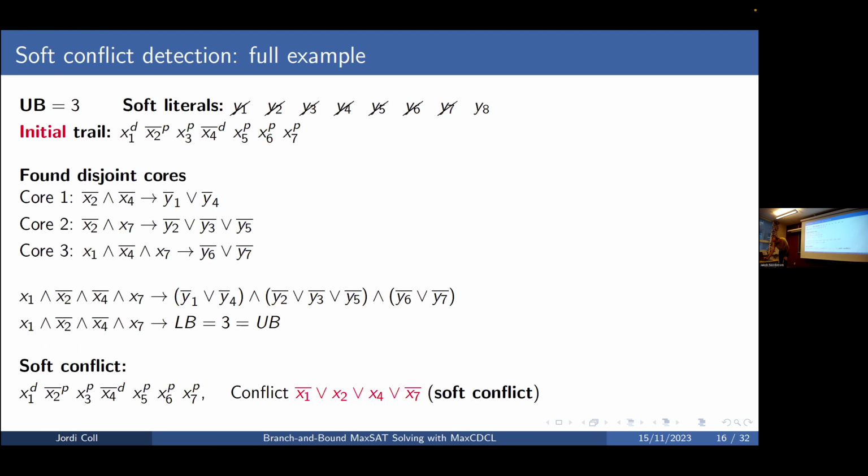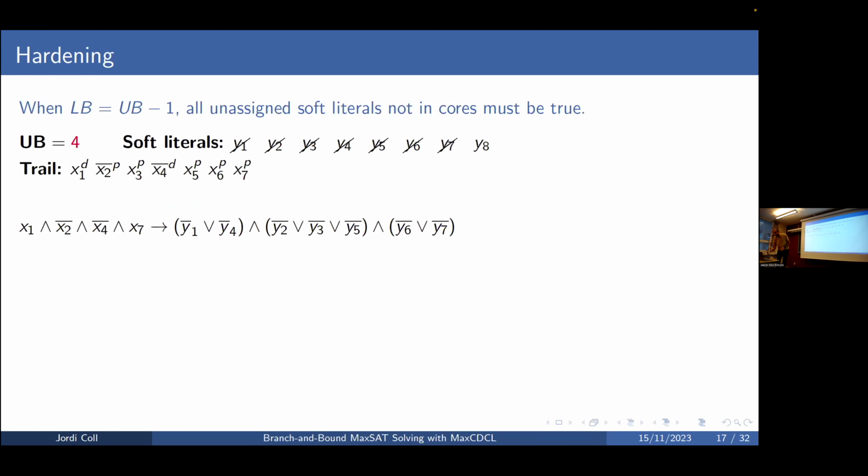Okay, we were here. So using practically the same reasoning, we can also use hardening for this. So imagine that the upper bound is not 3 but 4. And we are at the same situation as before. We have the same cores, the same reasons. So I know that the lower bound is 3, so I cannot afford falsifying any other soft literal.